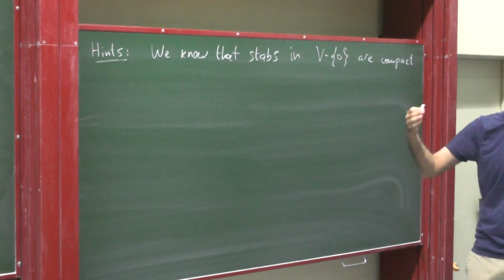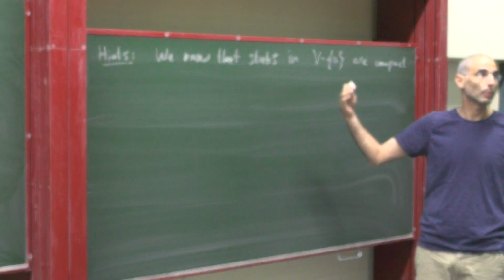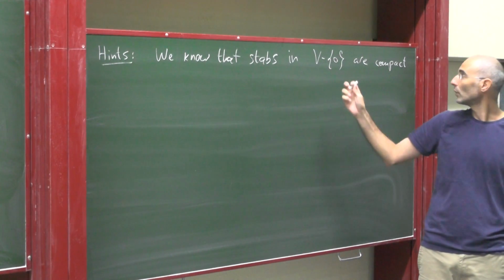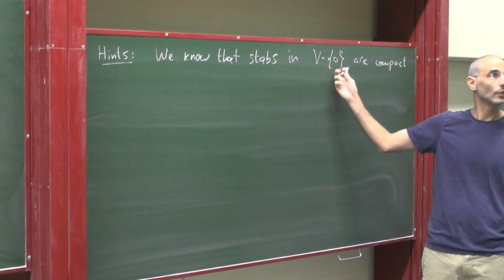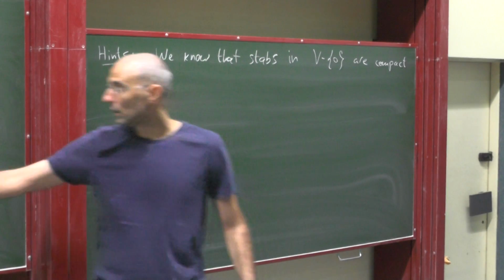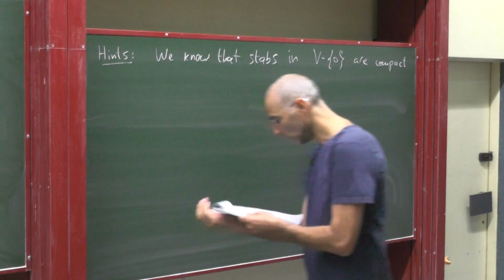What I want to convince somehow behind the scene here is that the orbits are actually closed with respect to the weak topology as well, outside of 0. So the only closure point of an orbit is 0 itself. The weak closure of an orbit is just the point 0. This is what we are actually proving.